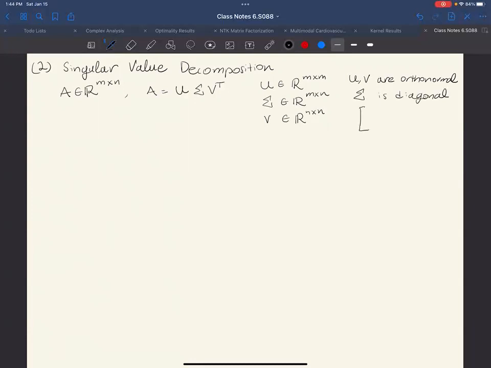It means that, let's say M is less than N. I'll have non-zero singular values here, or possibly 0 in some cases. And then I'll have a large N minus M by N minus M block, and an N minus M by M subblock, that's just all zeros. So it's diagonal in this form.